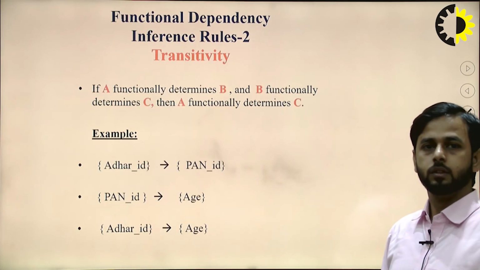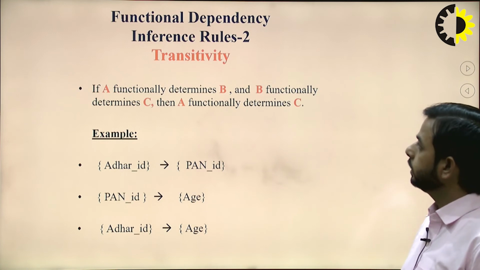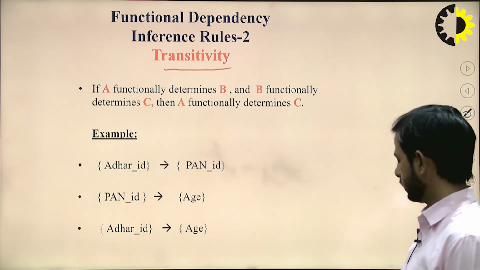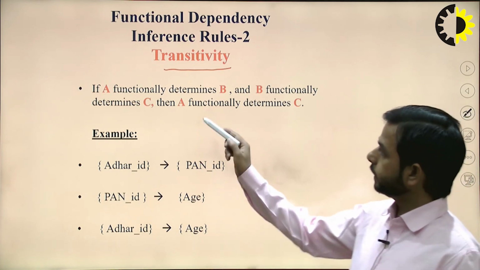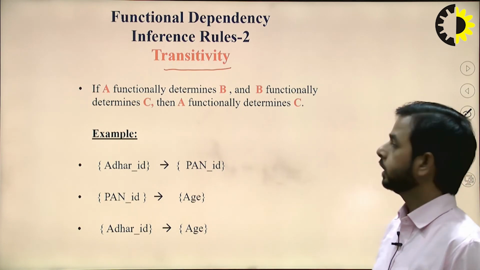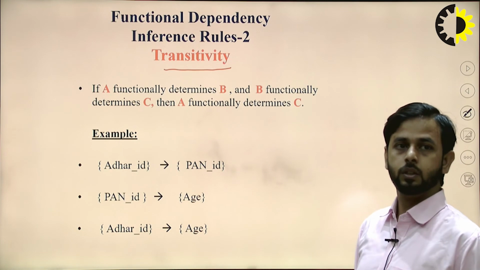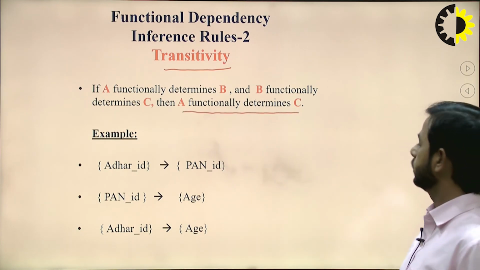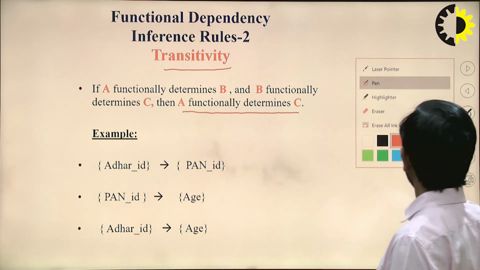Next, see the functional dependency inference rule 2, transitivity. So if A functionally determines B and B functionally determines C, then A functionally determines C. So what does it mean?